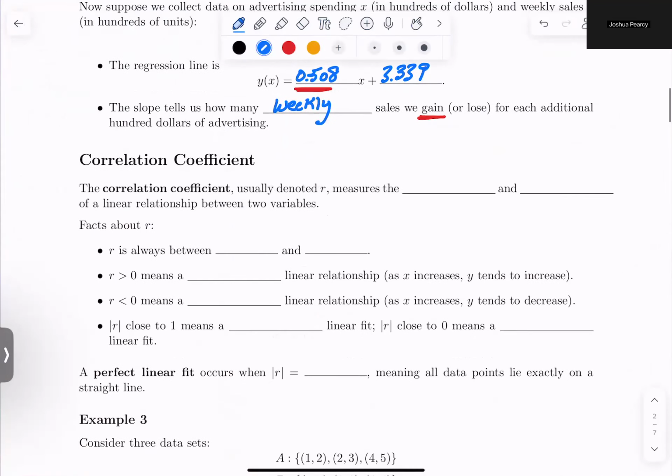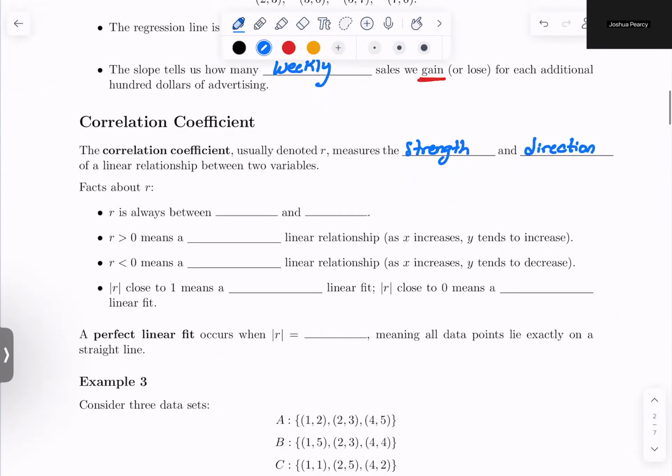The correlation coefficient, which is denoted by lowercase r, measures the strength and the direction of the linear relationship between the two variables. So there's a couple things about R that you need to keep in mind. It's always between -1 and +1.